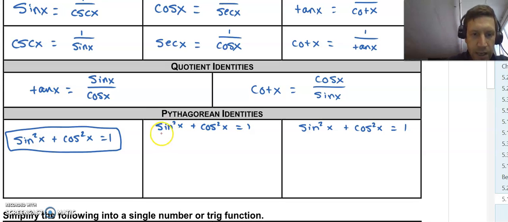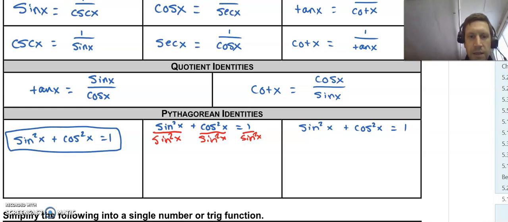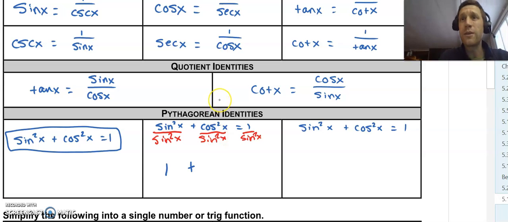So if we take sine squared plus cosine squared equals 1, and divide everything, both sides, by sine squared of x, which I'm allowed to do as long as I do it on both sides, this is going to give me a separate identity. Sine squared over sine squared is 1. Cosine squared over sine squared, well, cosine over sine is cotangent.